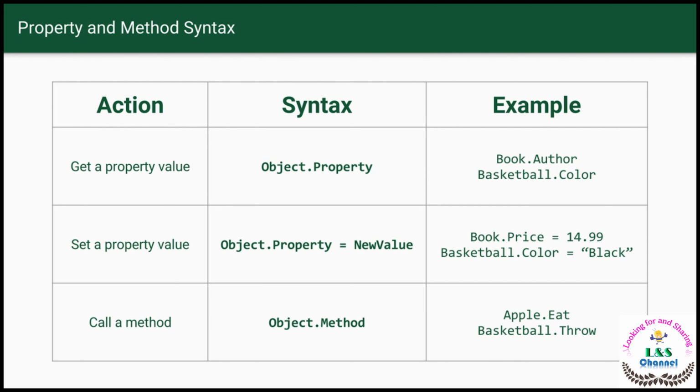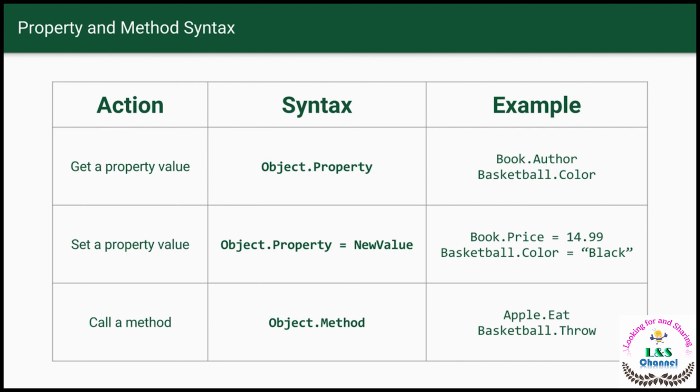You might be looking at these syntax options and saying, but hey, the object property syntax for getting a property value is very similar to the object.method syntax for calling a method. And you're absolutely correct. The syntax is essentially identical. We have to ourselves know whether we're calling a method or getting the value of a property, because VBA is not always going to tell us, okay? But the syntax is going to be very similar.